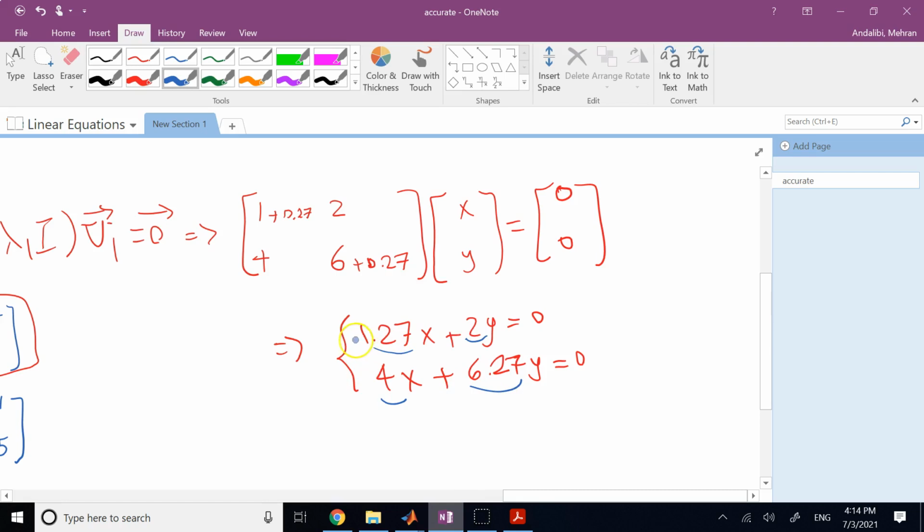So if you multiply this whole equation by one single number, which is 4 divided by 1.27, you get the bottom equation. So they are linearly dependent on each other. Either I have the top equation or I have the bottom equation. Let's say I only have the top equation, 1.27x plus 2y equals 0.